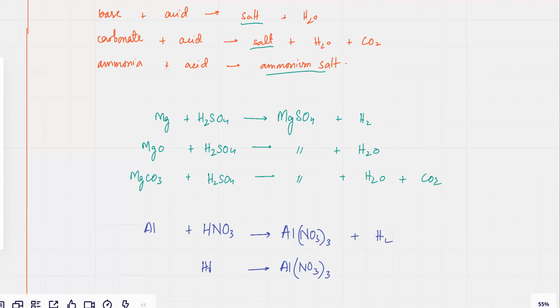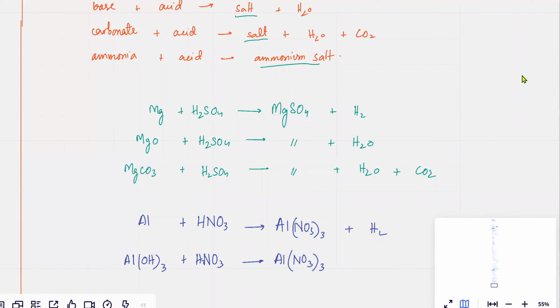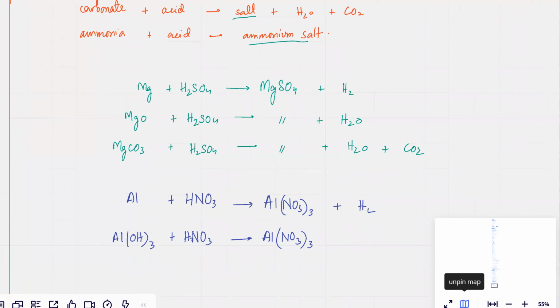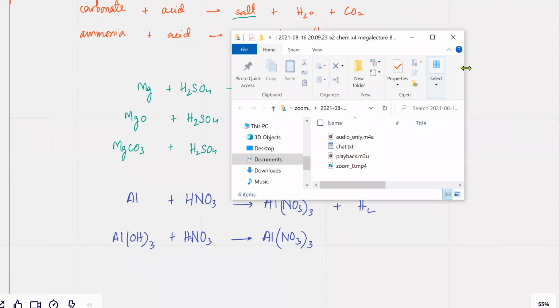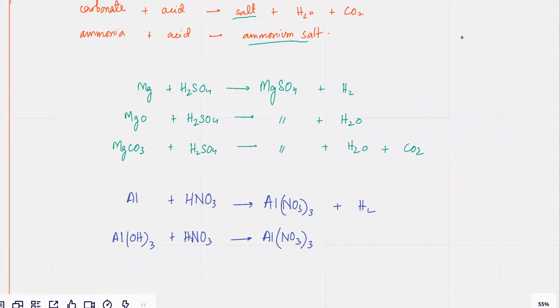So HNO3, and you could have a base like aluminium oxide or hydroxide. In that case, you'll have a water molecule that would be produced.